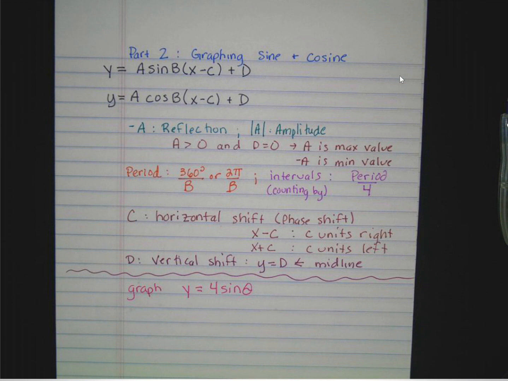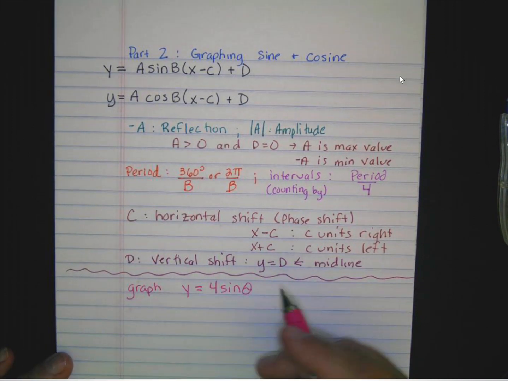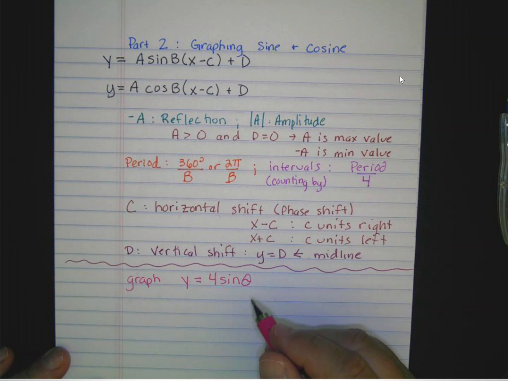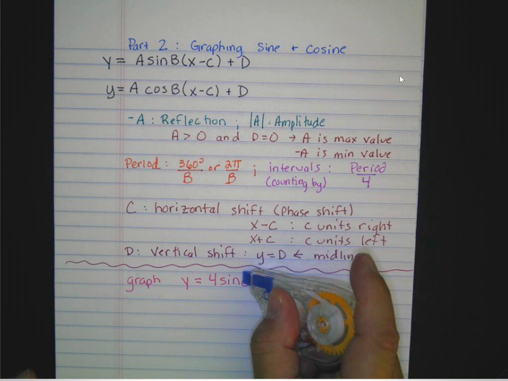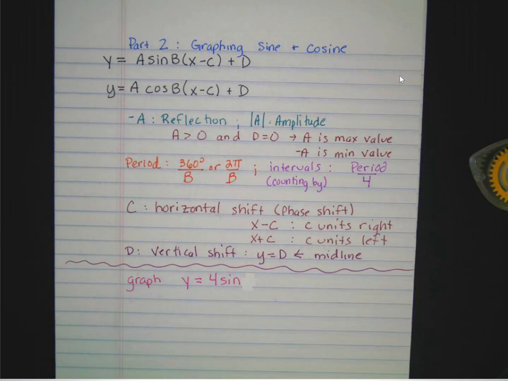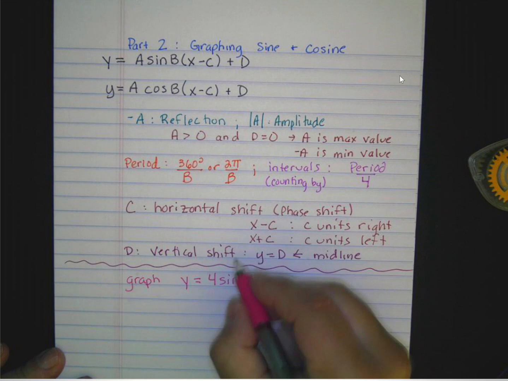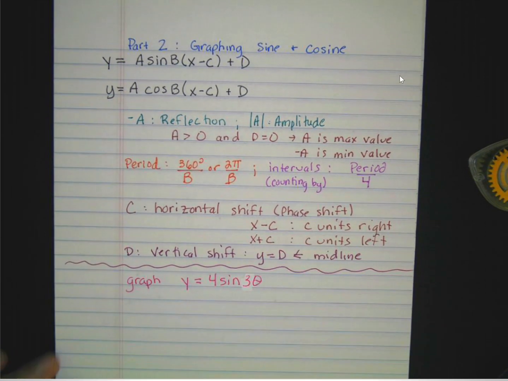All right, so 4 sine of this guy right here. 4 sine of Easter egg. Let's do that. If I call him that, then I can't mispronounce it. Matter of fact, I'm going to change that. We're not doing it. 4 sine of, let's make it interesting, 3 theta.